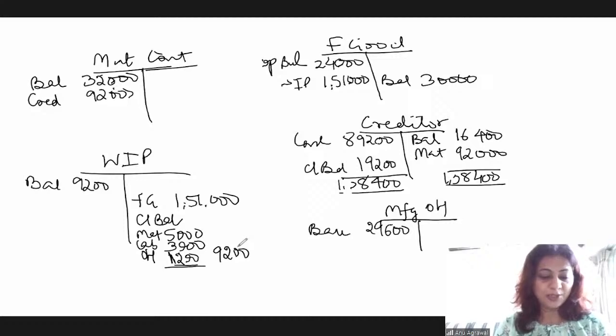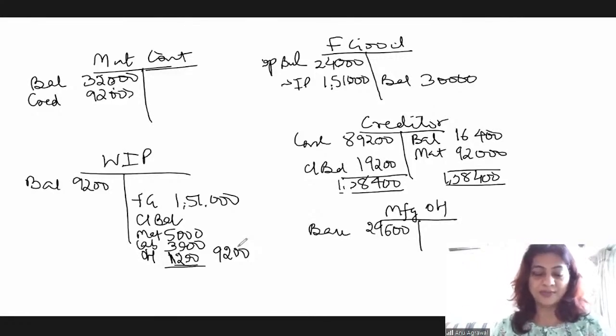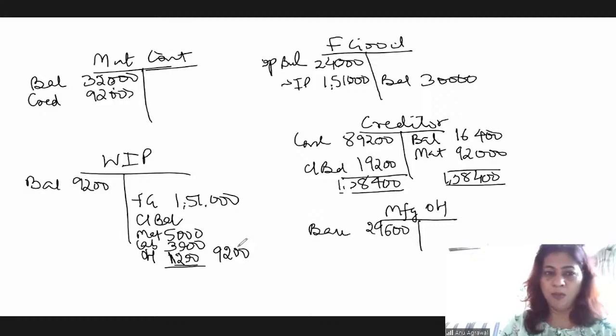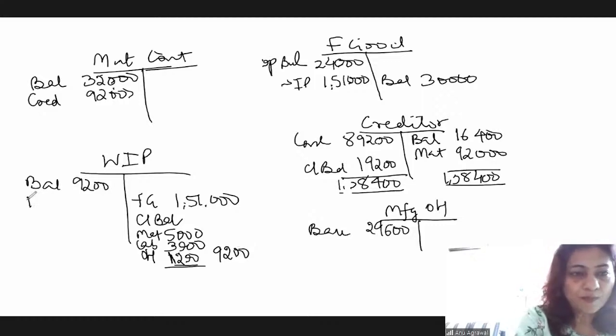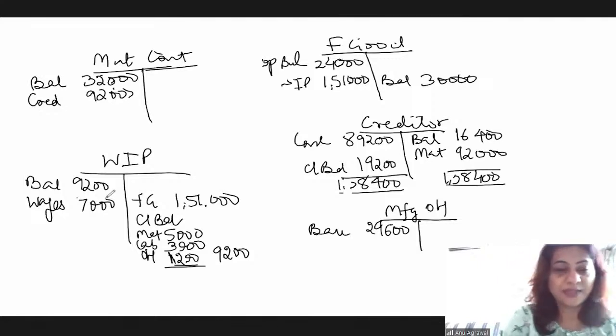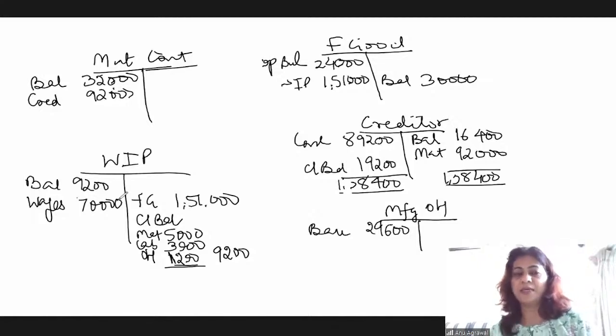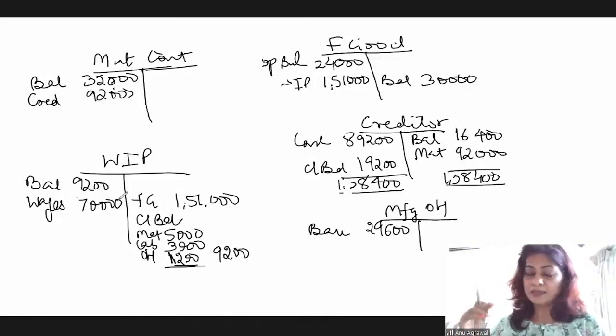Then the job card shows, that means if I had to make a wages control account, wages are paid at the rate of 7,000. From the wages control account, 7,000 should be coming in. The job card shows that workers have worked for 7,000 hours, so it's 7,000 into 10, which is 70,000.